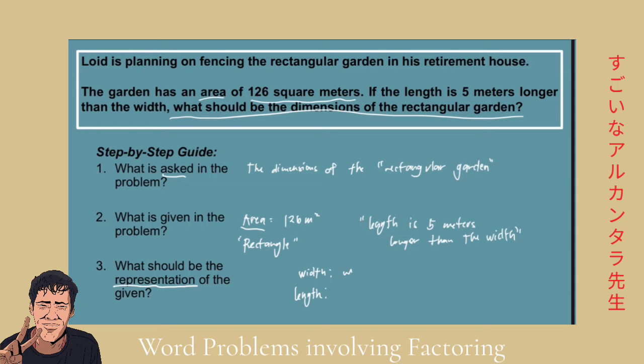Because there's a given here saying it's 5 meters longer than the width. And since the width is W, the length should be W plus 5. Why plus 5? 5 meters longer than the width. So we're going to use these details in order for us to answer this given word problem.